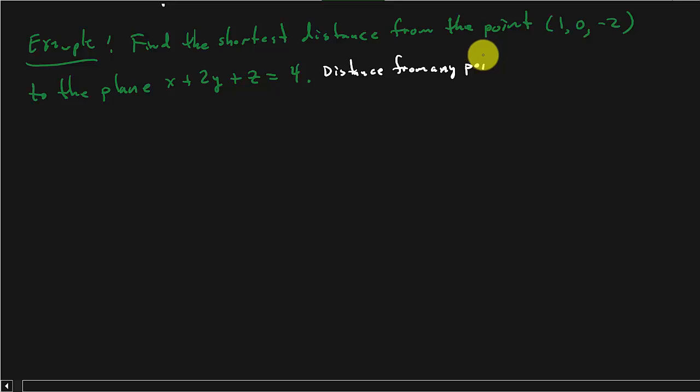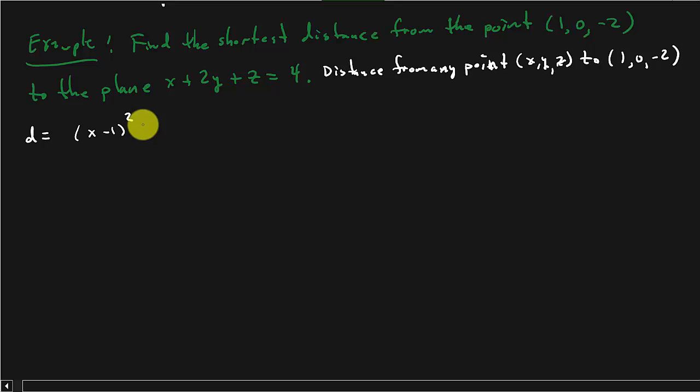from any point (x, y, z) to the point (1, 0, -2). Any distance there. So do we remember the distance formula? Well, the distance is what?